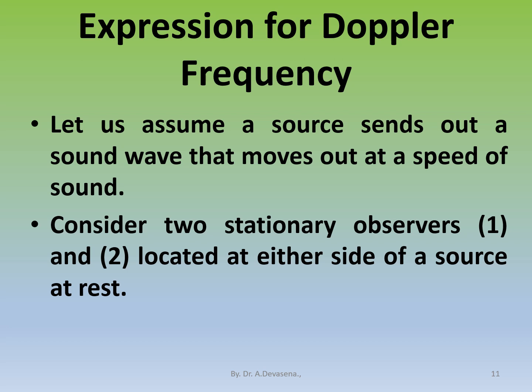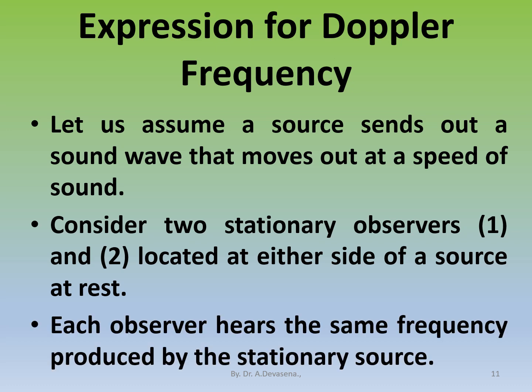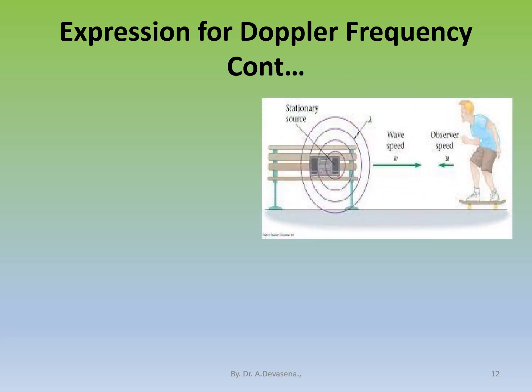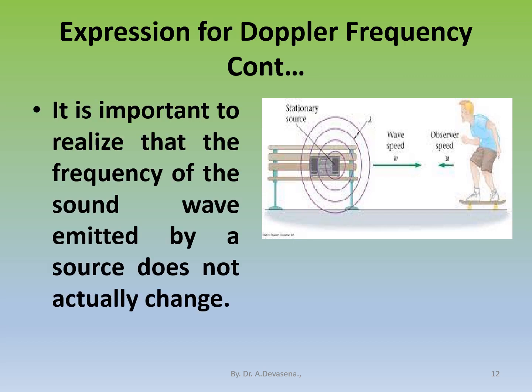Each observer hears the same frequency produced by the stationary source. It is important to realize that the frequency of the sound wave emitted by a source does not actually change.